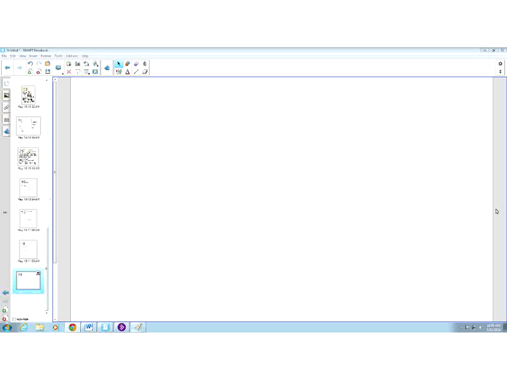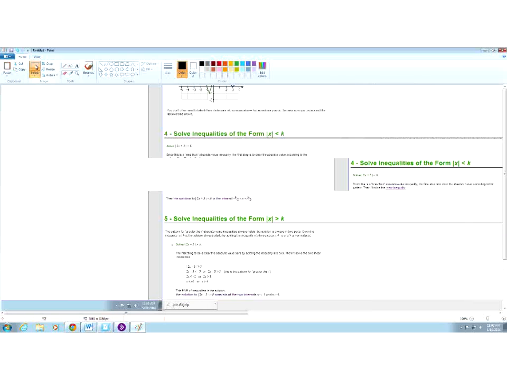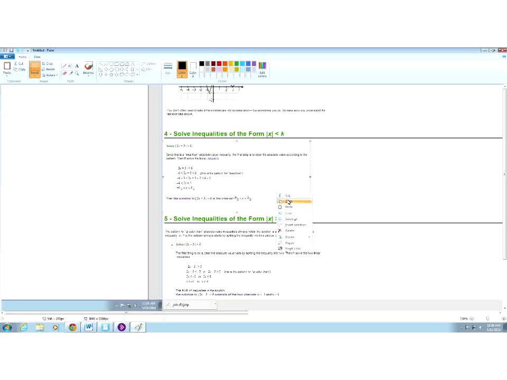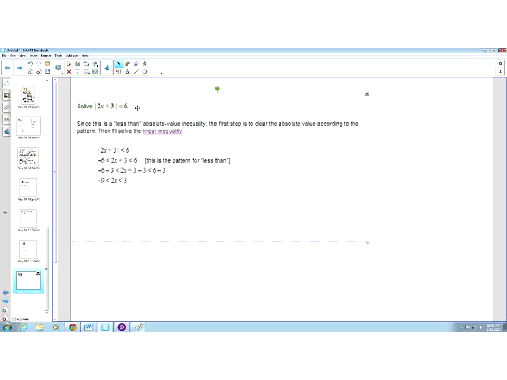Let's zoom out. So when we have absolute value less than a number, by example here, solving absolute value inequalities proceeds the same way as when we solve logarithmic equations.